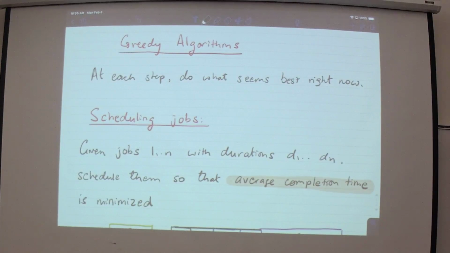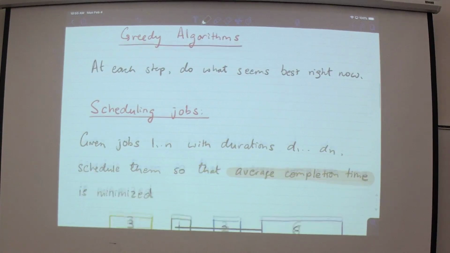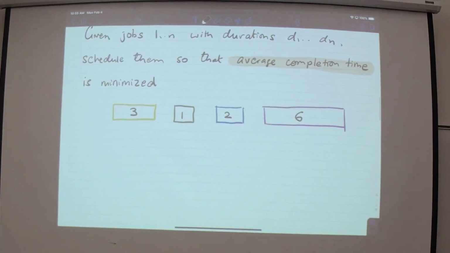So on average, you try to balance out everyone's needs. Let's say we have an example here. Let's say I have 4 jobs. The number inside is the duration of the job. If I schedule them in this order, exactly this order, the first job would complete at time 3. The second job would complete at time 4. So 3, 4, 6, 12.